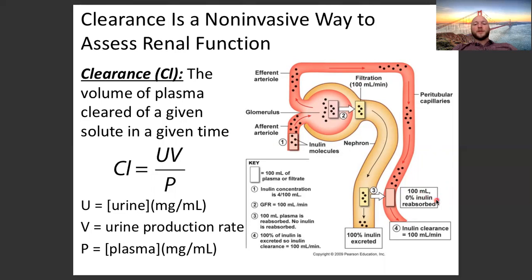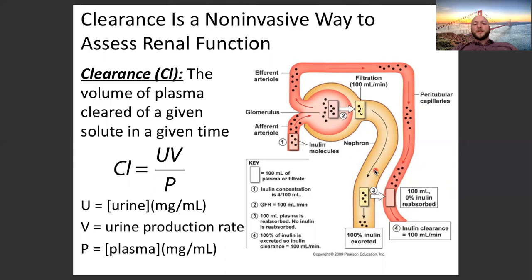This is inulin. Inulin is floating around in the bloodstream, and some of it gets filtered out with our plasma and moves into the renal corpuscle, which then moves into the renal tubule system. No inulin gets reabsorbed.